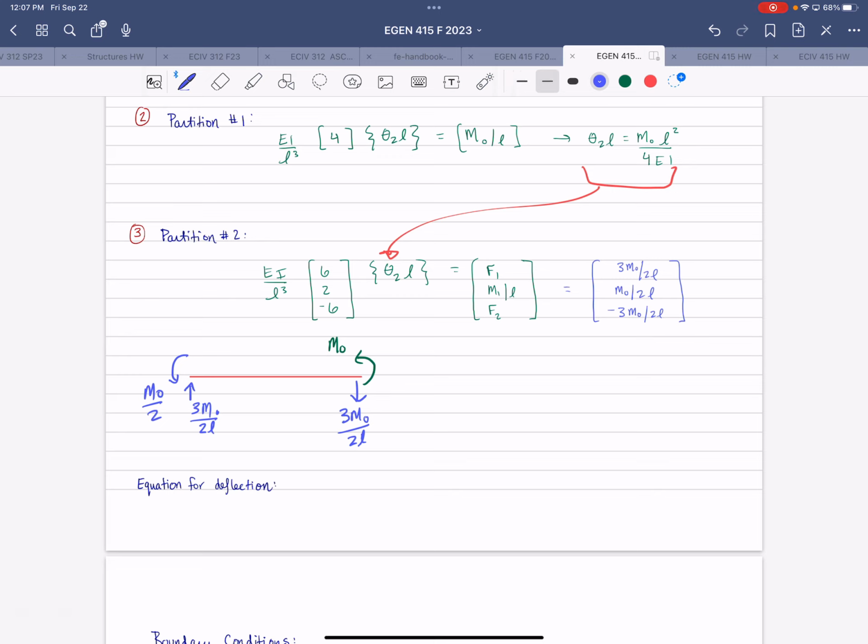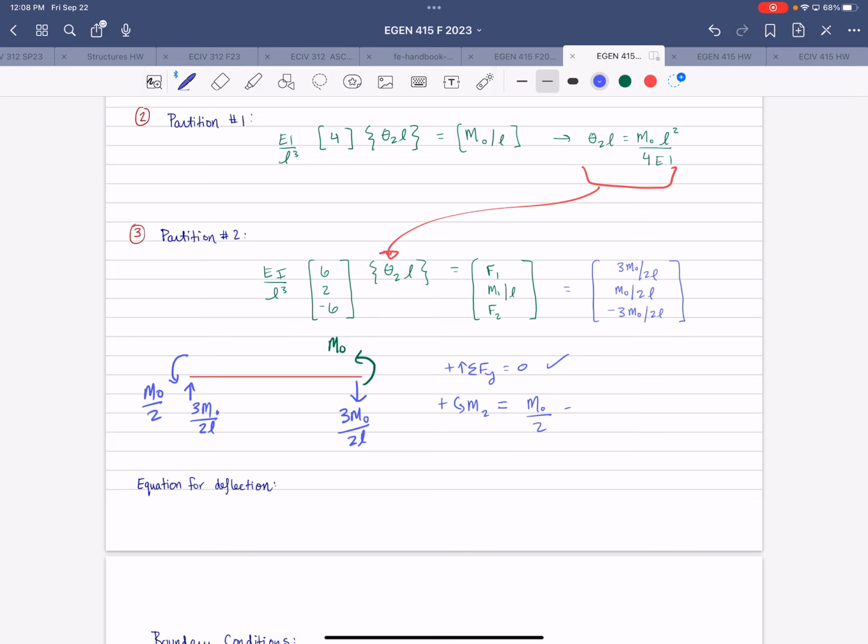Verify that equilibrium is satisfied, so summing forces in Y is equal to 0. Visually, that's sufficient. We can just say yes, that works out. Summing moments about a point, go ahead and show the equation because it's not as obvious. In some cases it is, but I always like to see this written out to verify.